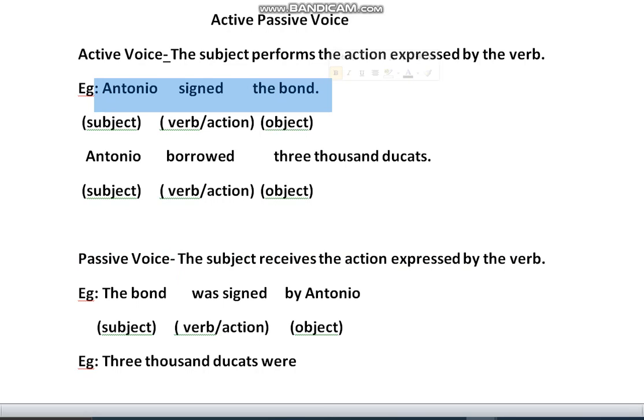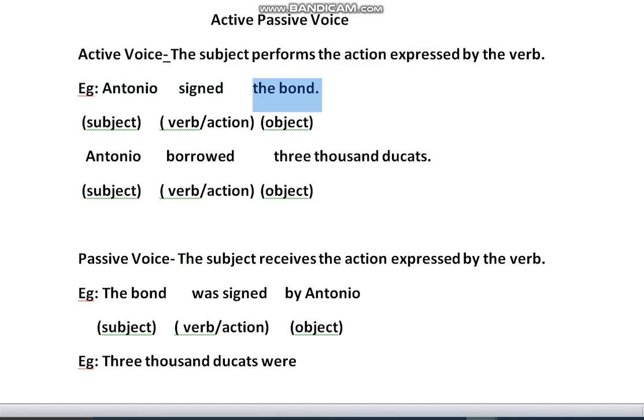Here, the subject is Antonio, the verb is signed, and the object is the bond. However, when we convert the same sentence into passive voice, the order changes. The object will become the subject.